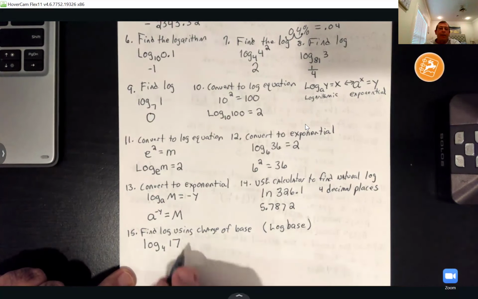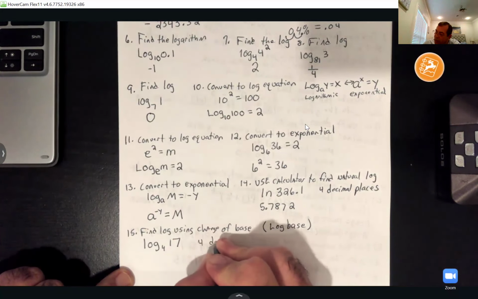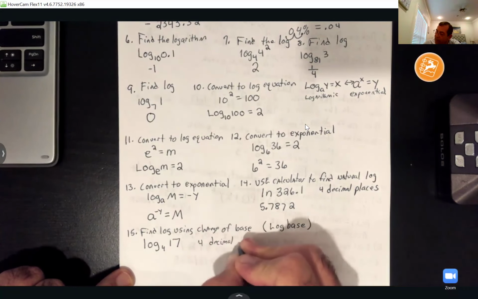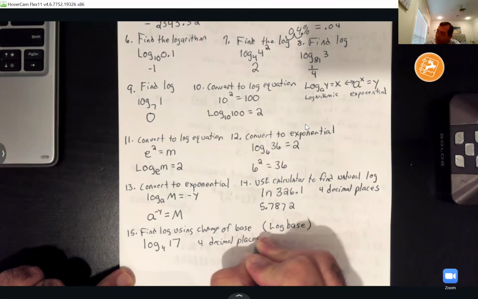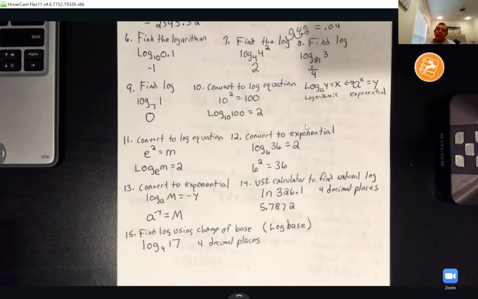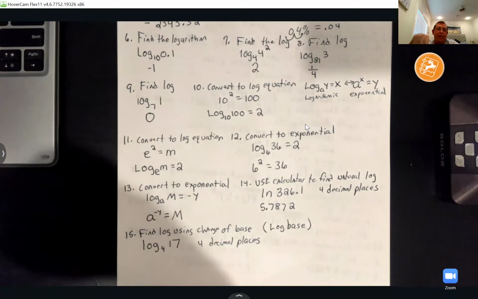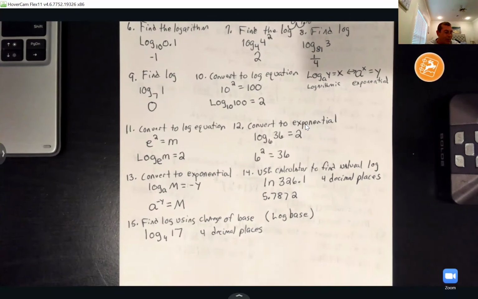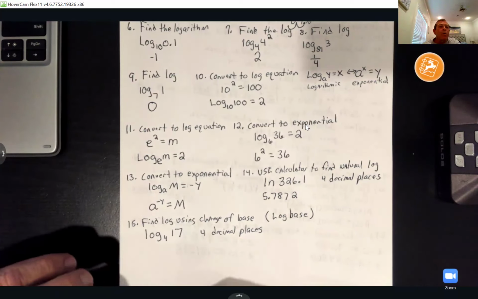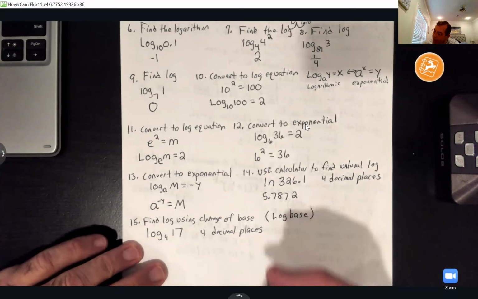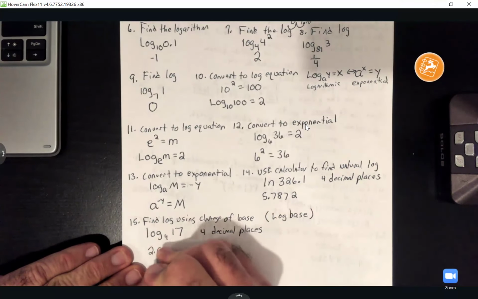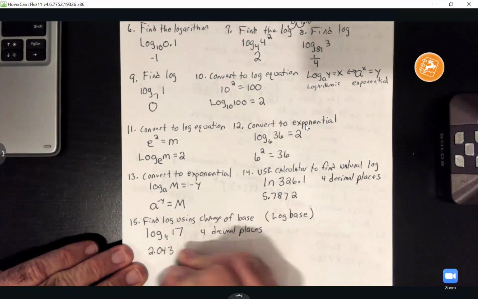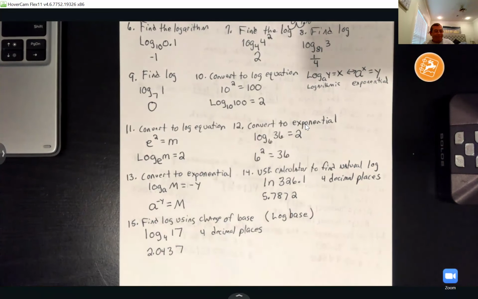Guess what? You're going to round this one to 4 decimal places. So a little bit more work because you got to hit math and go down and get that log base. But y'all punch that in and see what y'all get. Round me 4 decimal places. 2.043. Perfect. 2.0437. Good job.